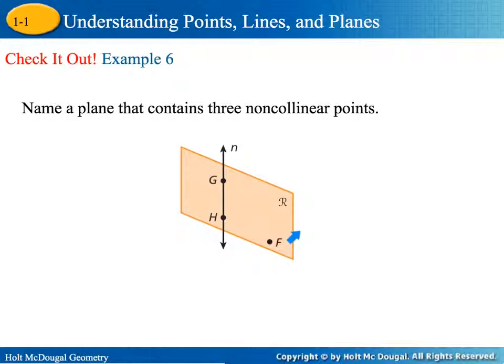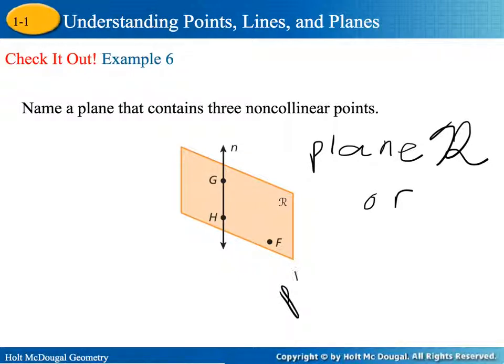Everything in this orange square is in this plane R. So you can say plane cursive letter R, or you could say plane F, G, H. So the first way uses the cursive letter. The second way uses the 3 points in the plane. And again, I just went alphabetical order. You could have said plane GFH or HGF. It does not matter.